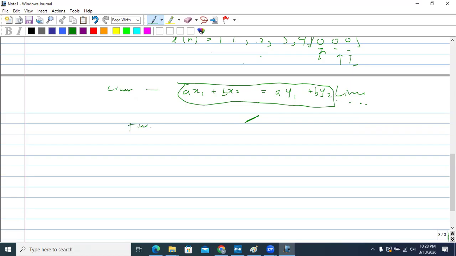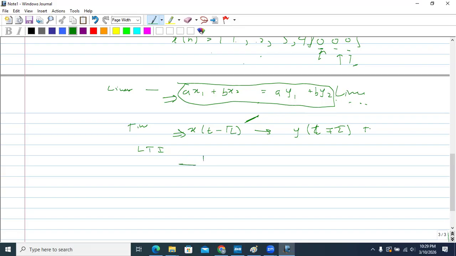Time invariant means if you input the signal with some time delay, the output also has the same time delay. So that is referred to as a time invariant system. These two are the conditions for an LTI, linear time invariant system.